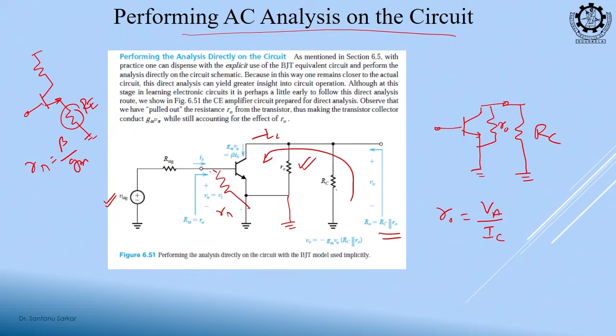Let us calculate this. With this circuit we have found that our gain is minus Gm RC parallel R naught, or if we neglect R naught for the moment, AV is equal to minus Gm RC without using the RE.